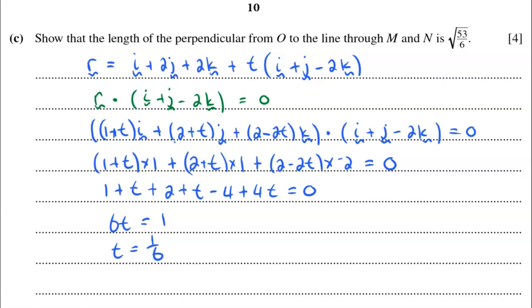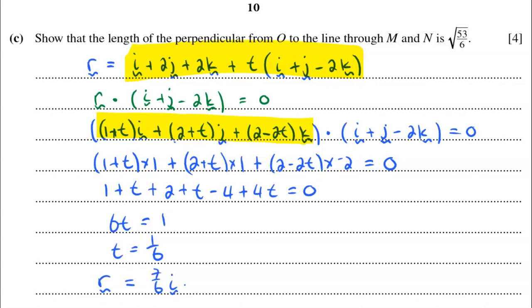So the vector r is, we're going to put t into the r vector. You can put it into the line version of r, or we could put it into the compressed version. It doesn't matter, they're exactly the same thing. So let's use the compressed version. We're going to get the vector O to M, which we'll just call r at the moment, equal to 1 plus t. t is 1 on 6, so 1 plus 1 on 6 is 7 on 6, 7 on 6 i.